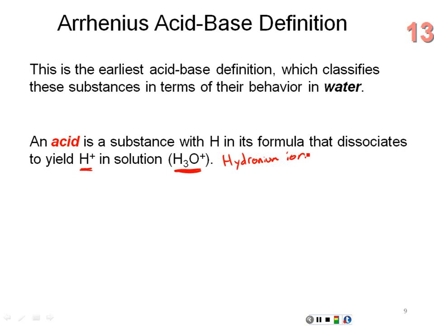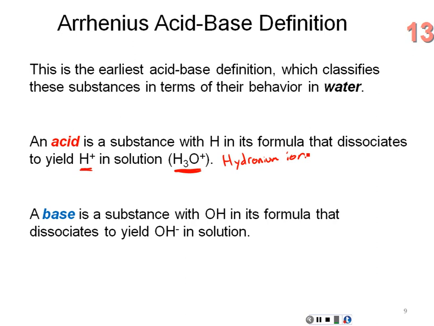Okay, so that's the definition of an acid as far as the Arrhenius acid-base definition is concerned. So what is the definition of a base? Well, a base is a substance with OH in its formula that dissociates in water to yield OH- in solution.